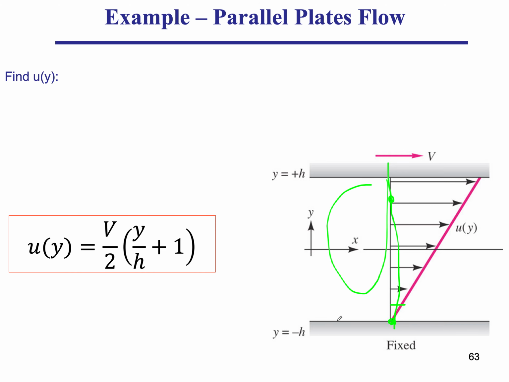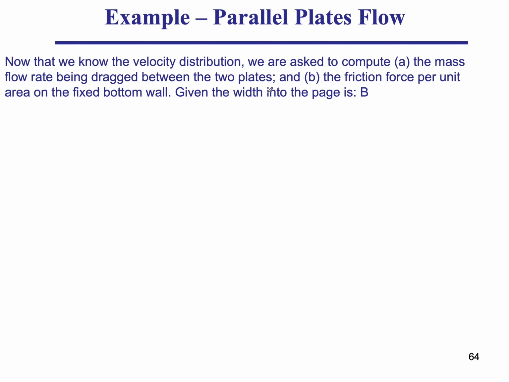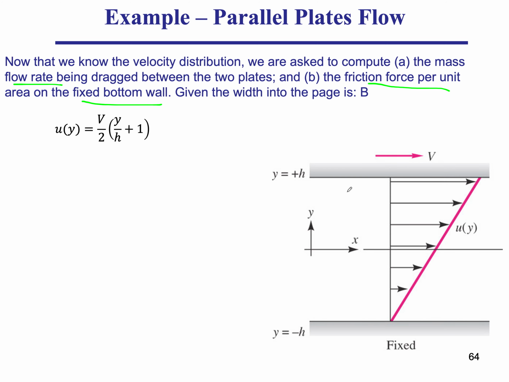And the other thing we might want to know is how much friction I am generating on my bottom wall, how much friction on my top wall, or how much friction there is at the center line of the flow. So these are all valid questions. Let's try to give them an answer. Let's compute the mass flow rate, as well as find the friction force per unit area on the bottom wall.